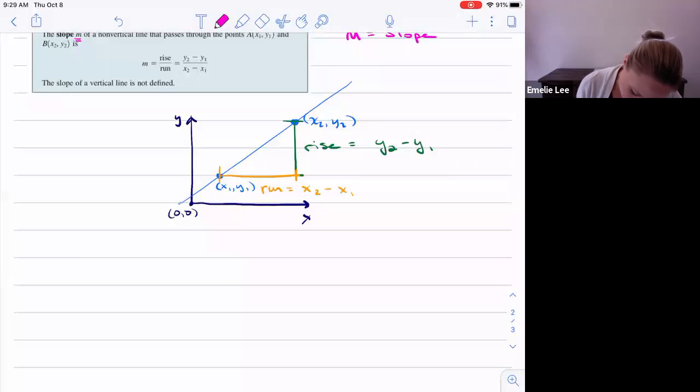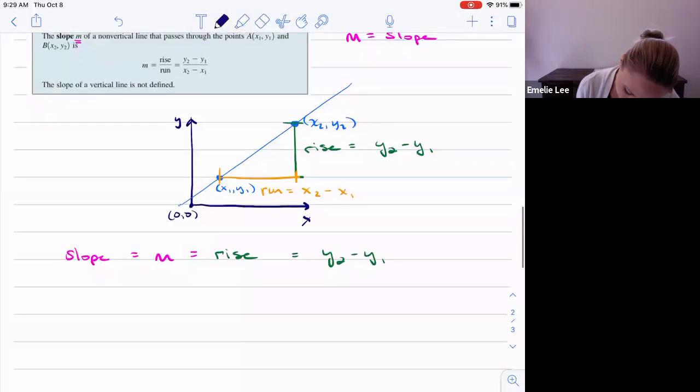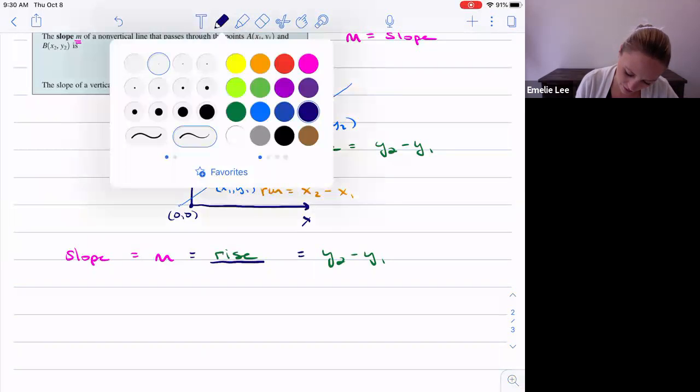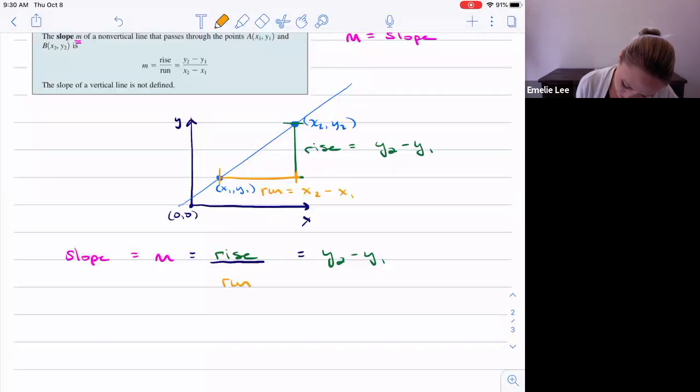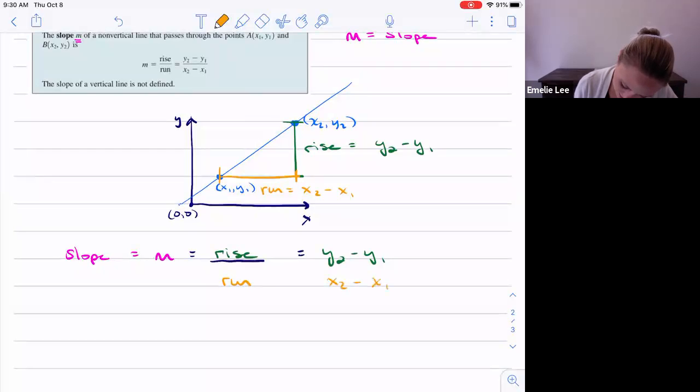And so the slope, which is m, is going to be the rise, which is y2 minus y1, divided by the run, which is x2 minus x1.